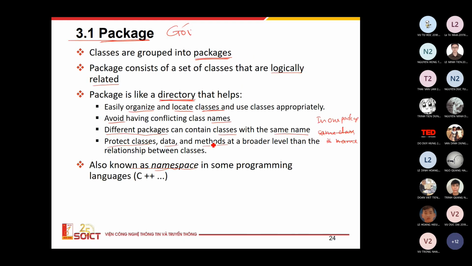Here we say that a package looks like a directory. So when you do your program, you see something in the source code like this. It looks like a folder on your computer, and inside this folder you will have the class Java files, for example.